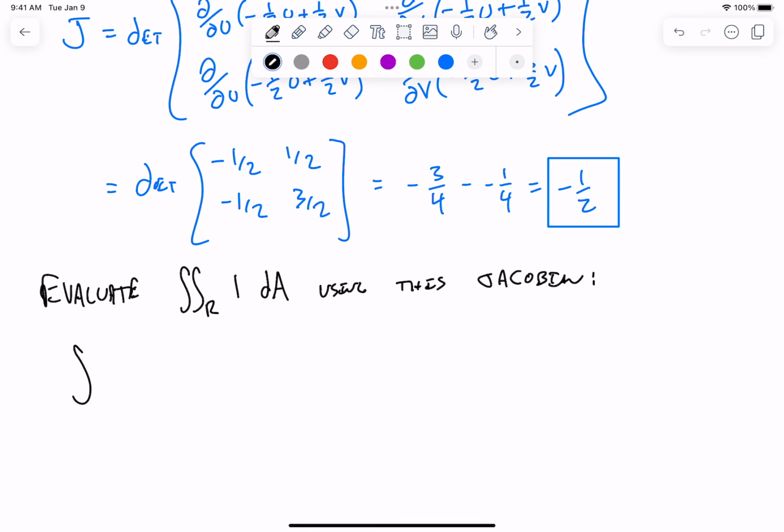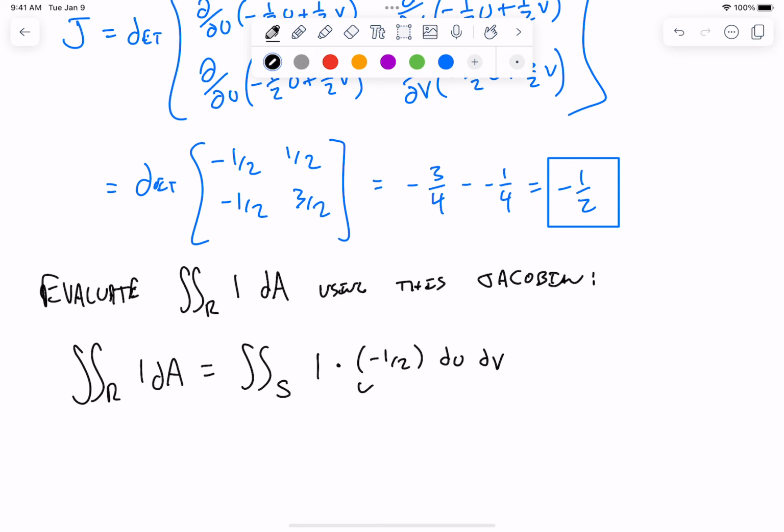Well, this double integral becomes the double integral on a new region, S. When I go to S, it's not dx dy anymore, now it's du dv. Remember to put your Jacobian in here. This is where you put your Jacobian.